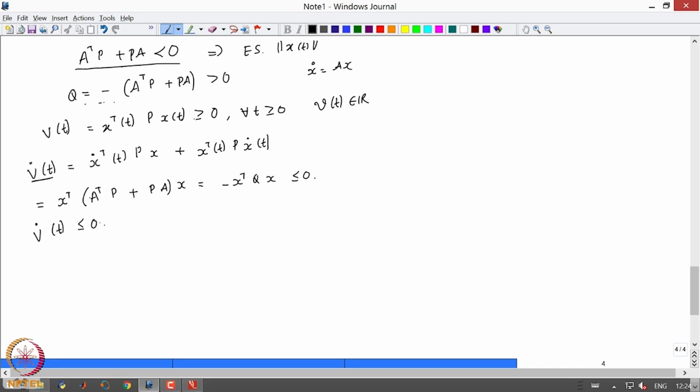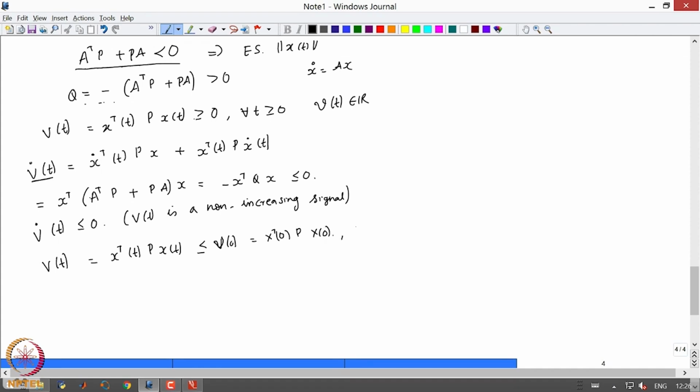Okay. So what does this mean? This means that V of t is a non-increasing signal, and if V dot is non-increasing, then for any arbitrary time t, x transpose t P x of t would be less than or equal to the value of the signal V at 0, which is x transpose 0 P x of 0, and this holds for all t greater than or equal to 0.